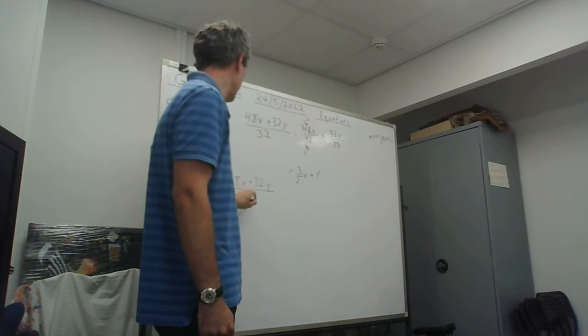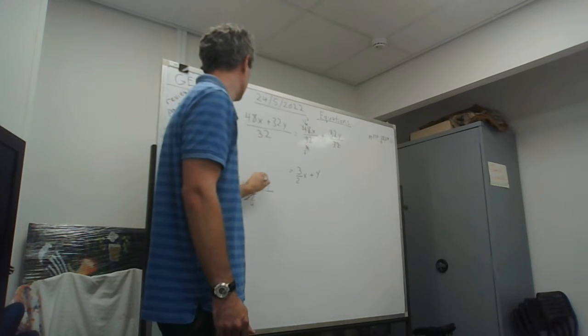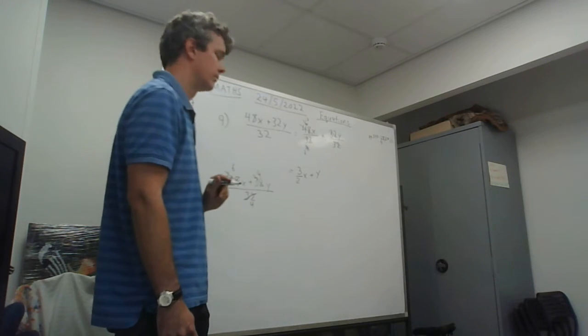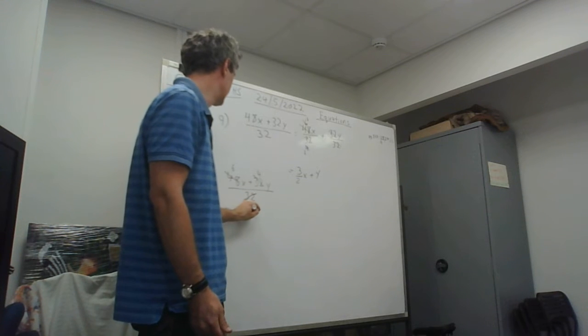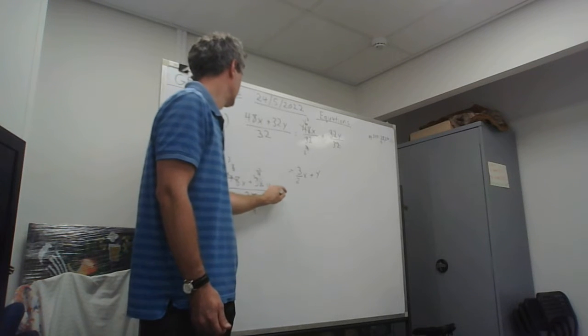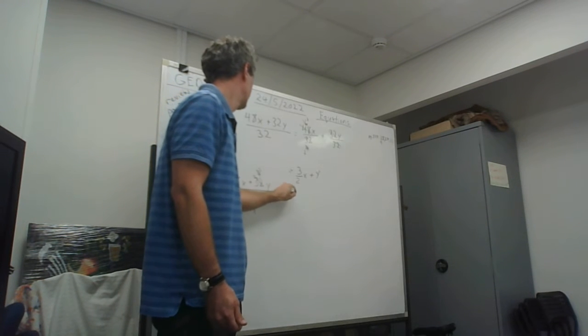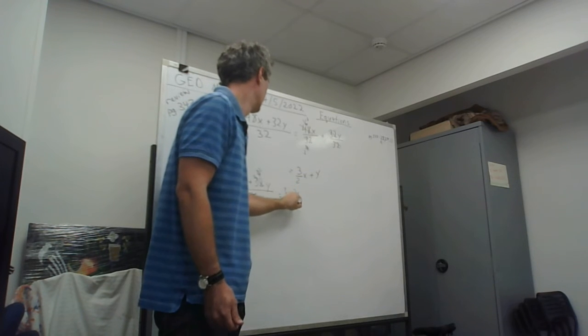When I did 8 here, it became 4, and I could do it to each one of these. And then again this is 2, and this becomes 3 and 2. So that equals 3x plus 2y over 2.